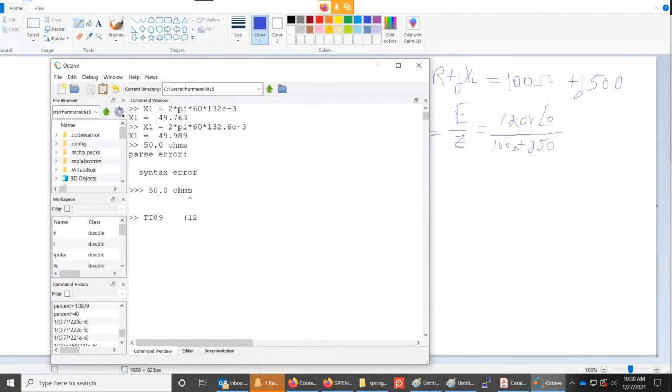You could put 120, and then there's an angle symbol in your calculator if you have an 89. And so you could put in 0 degrees there, divided by, and then you need to put the parentheses 100 comma 50.